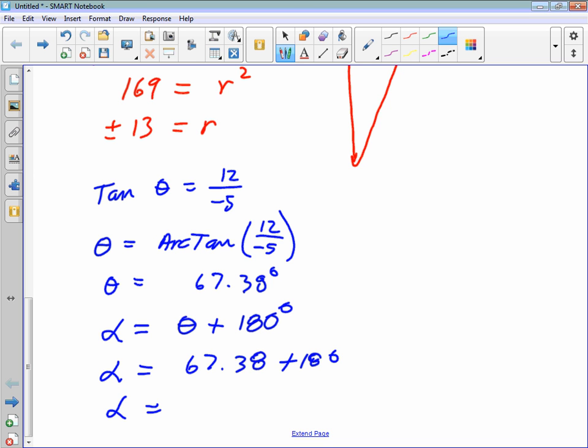You grab your calculator, check. You guessed it, alpha equals 247.38 degrees.